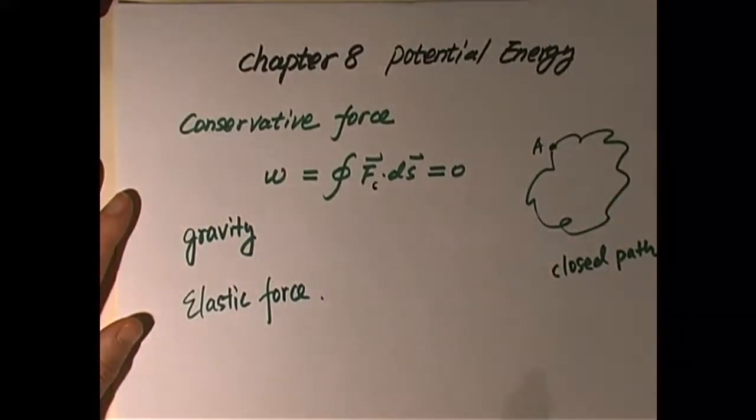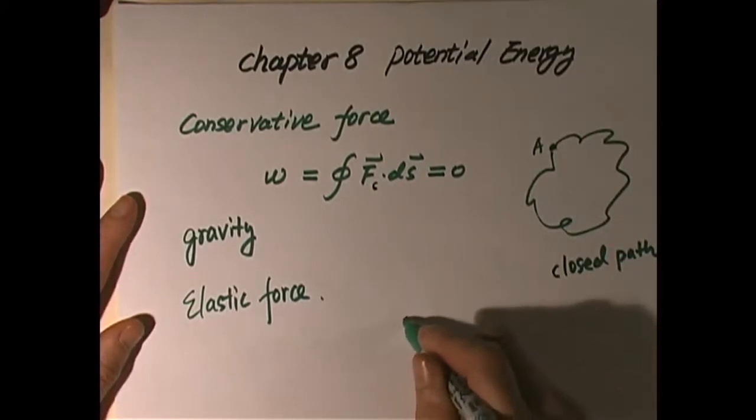I can give you a very simple example of friction. Work done by friction, first of all, is negative. Second, it really depends on how far that object traveled along the path.